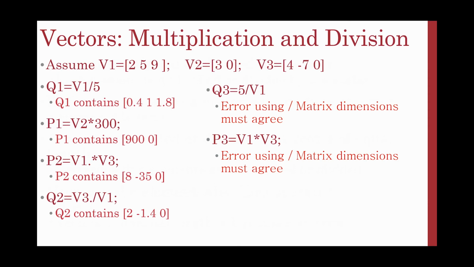So you have to be a little careful when you're defining multiplication and division in MATLAB, whether or not you actually want element-wise or vector math. This course is primarily going to attempt to stick with element-wise math.